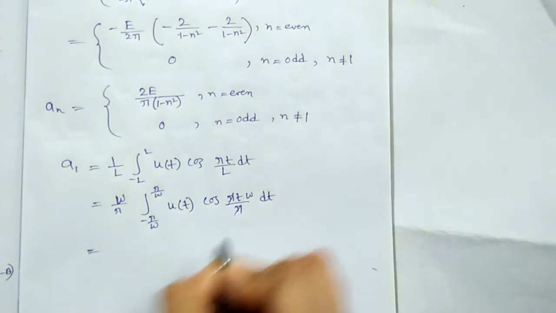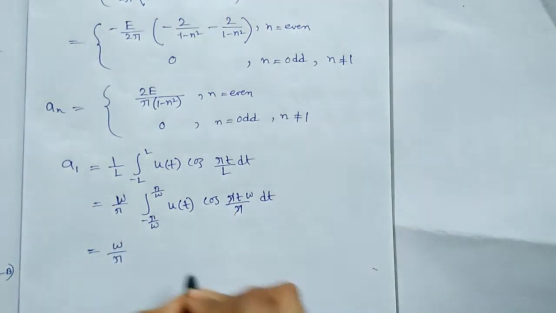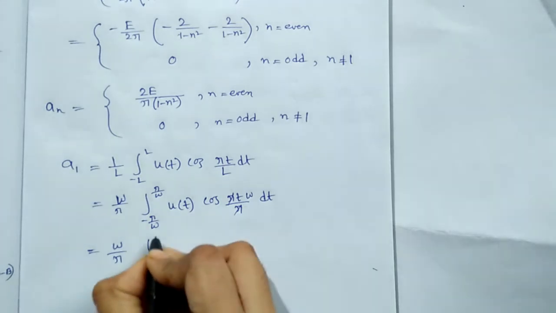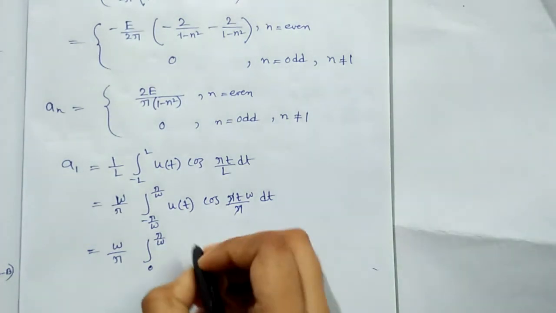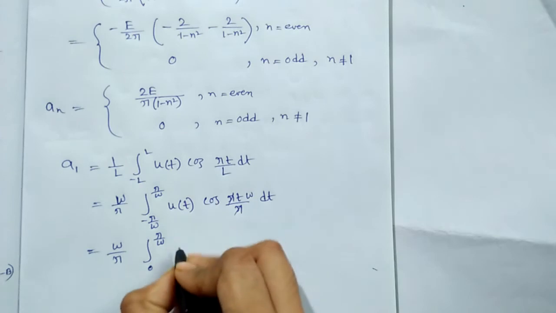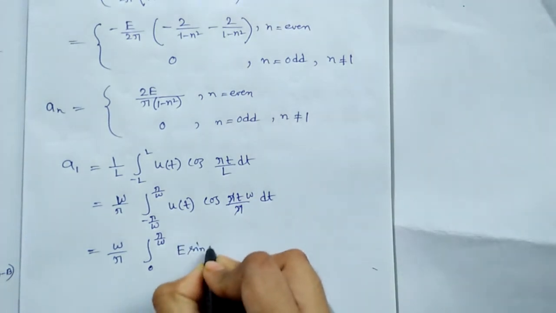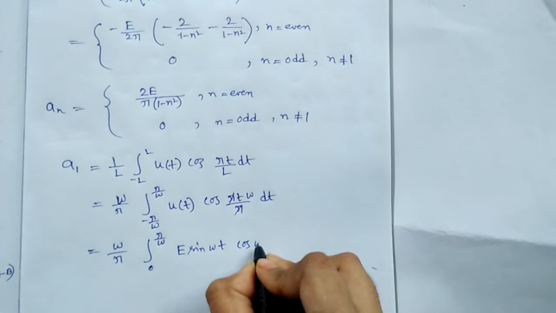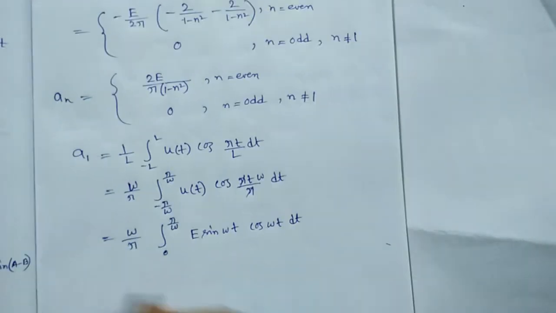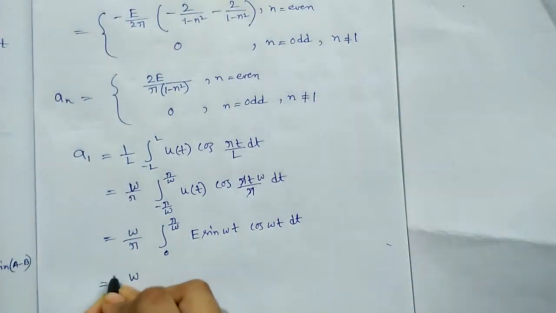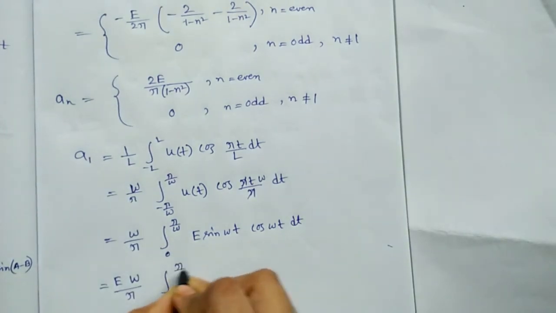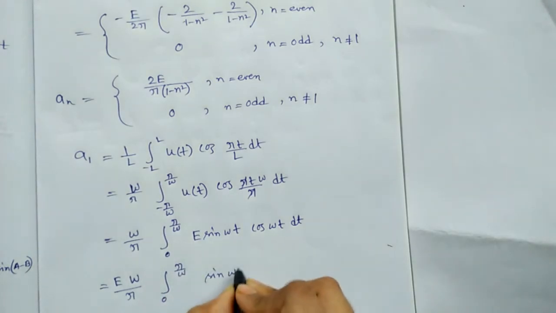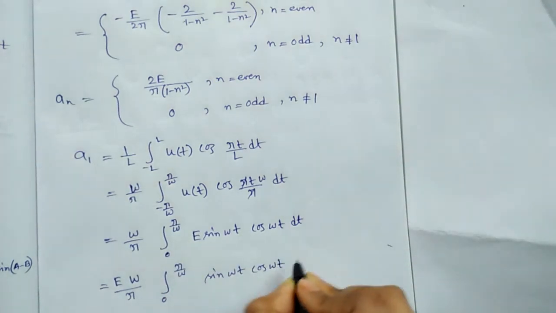Next, pi cancels out, omega by pi, integration 0 to pi by omega. I take only the positive section because in the negative section the function value is 0. So in the positive section the function value is e sin omega t, giving e omega by pi, integration 0 to pi by omega of sin omega t cos omega t dt.